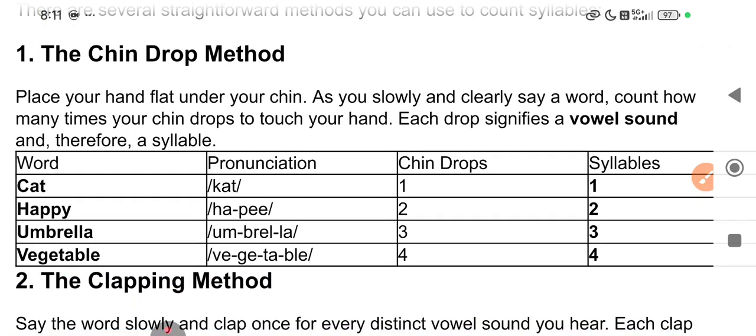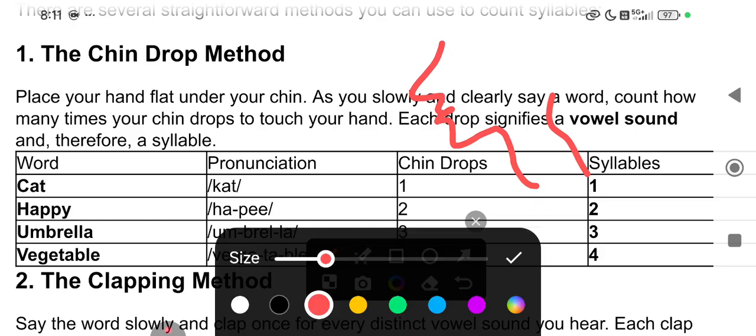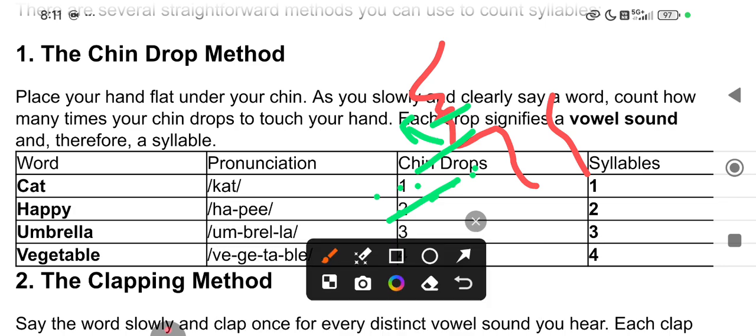As the name suggests, your chin goes up and down when we speak something. This is called the chin drop method.